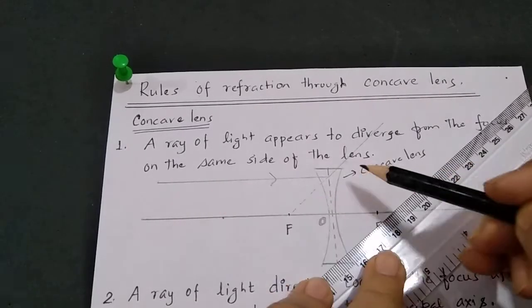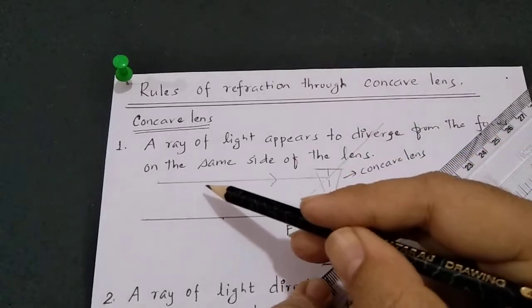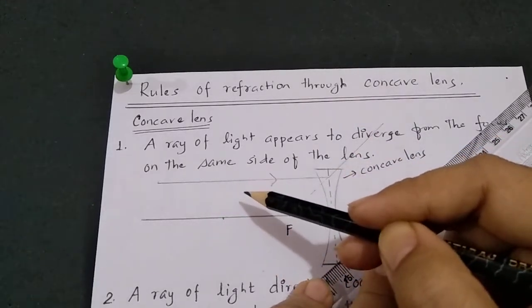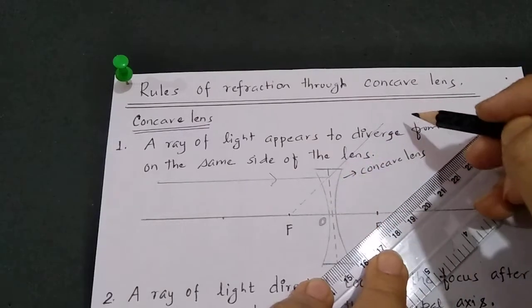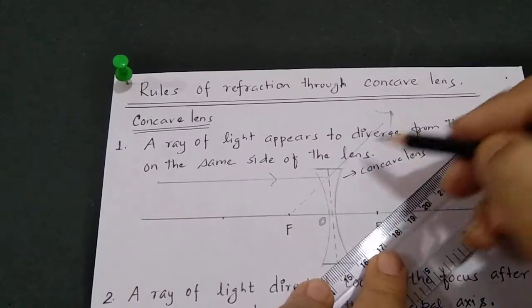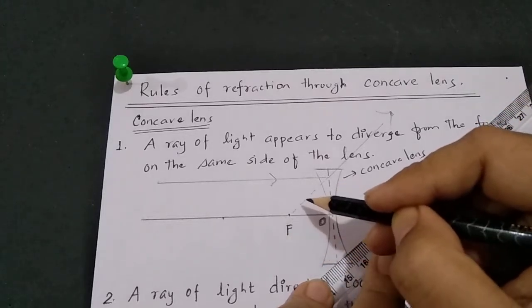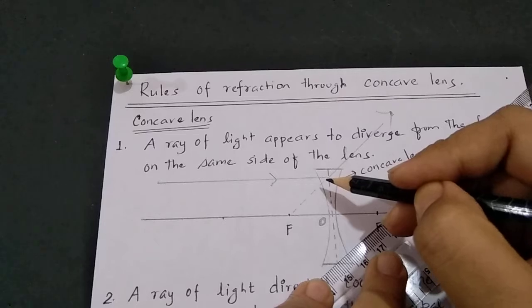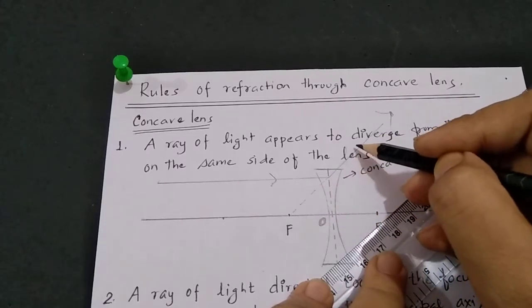Actually the ray is coming from this direction, but when somebody sees from here, it appears to come from the focus. This dotted part is the virtual ray, and this is the real part of the light.